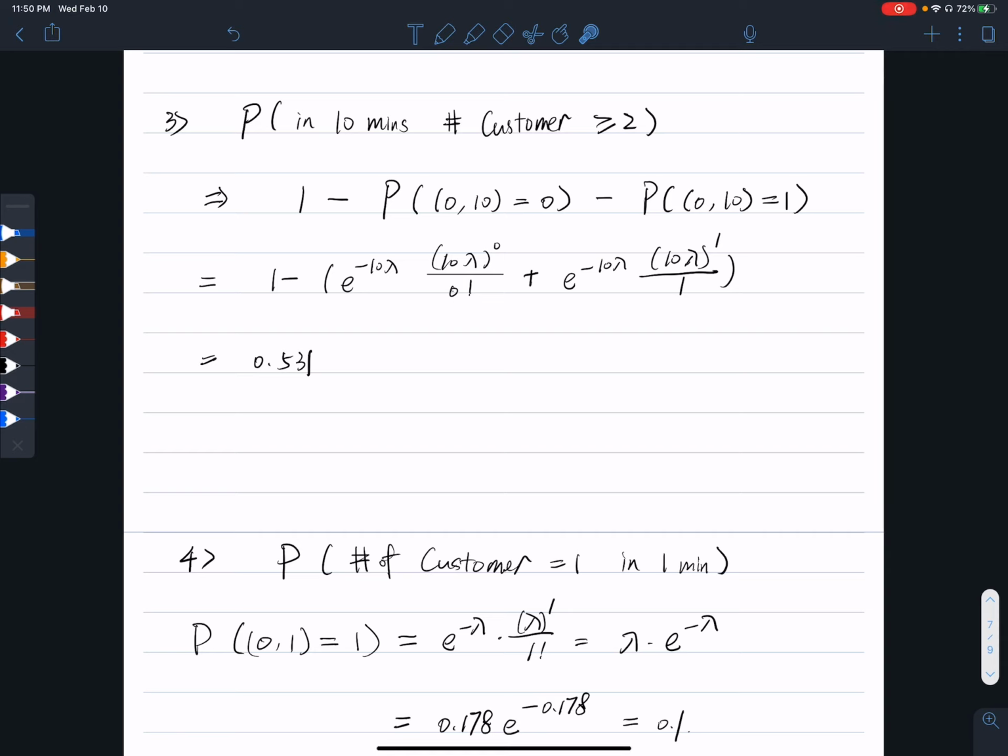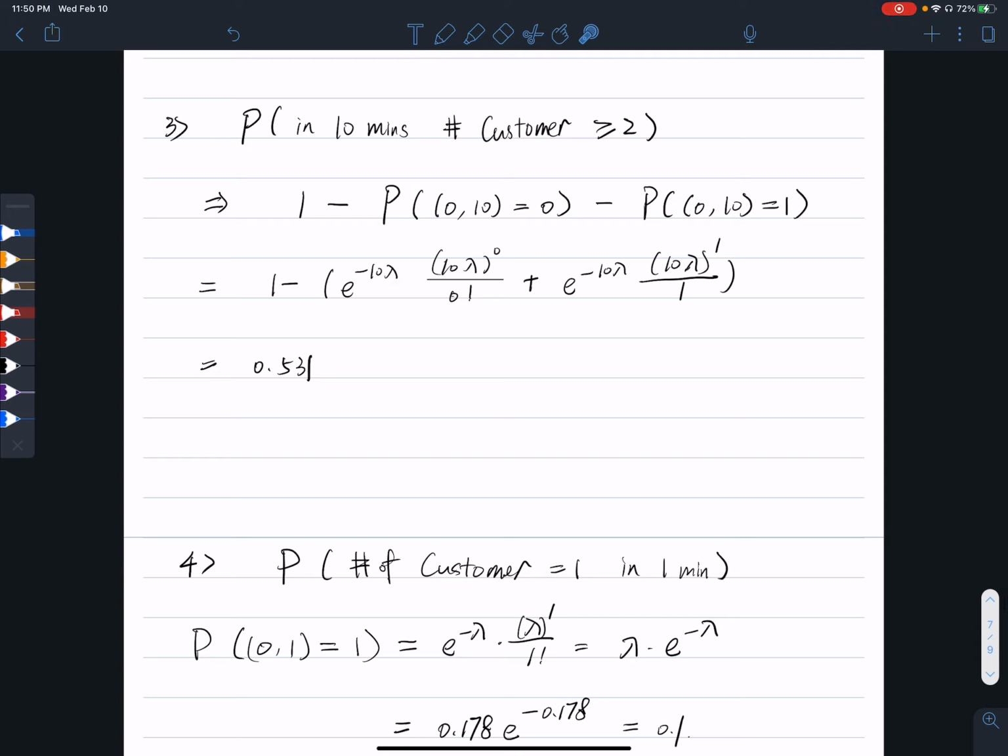So basically we just use the space minus these 2 situations, and then we get the answer for the customer number greater or equal to 2. So basically here, 1 minus, we simply plug in: for the first part t equal to 10 and the customer number is 0, and for the second part t equal to 10 and the customer number is 1.